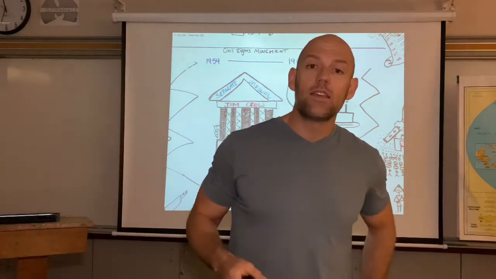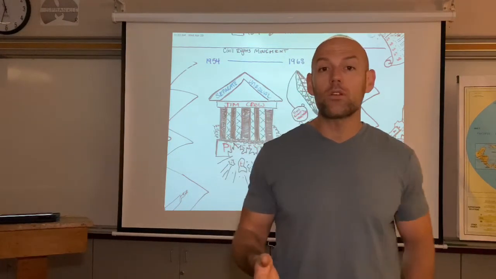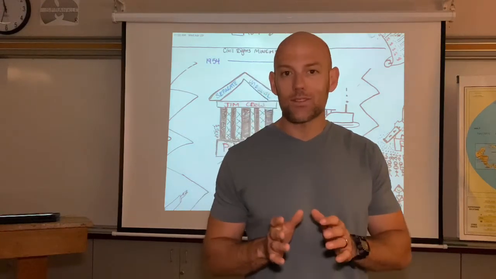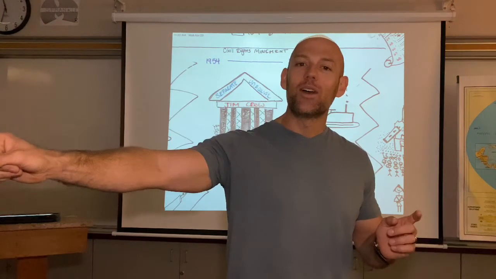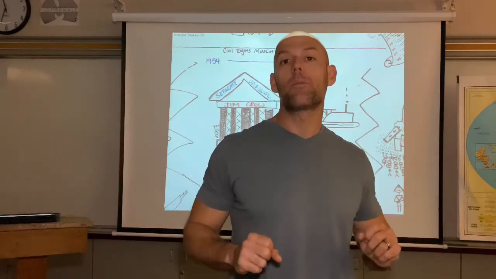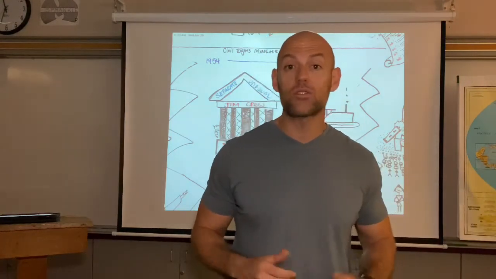But then, in 1954, the Supreme Court was asked to decide whether or not a school in Kansas could make a little black girl walk clear across town to go to school at the black school when there was a white elementary school right across the street from where she lived.